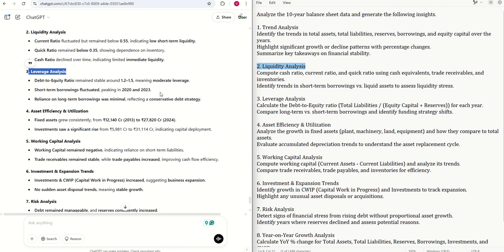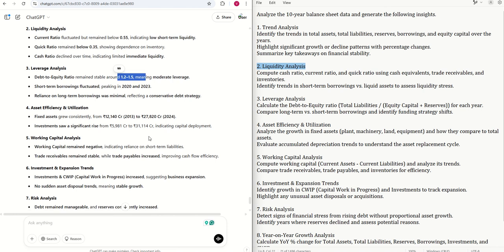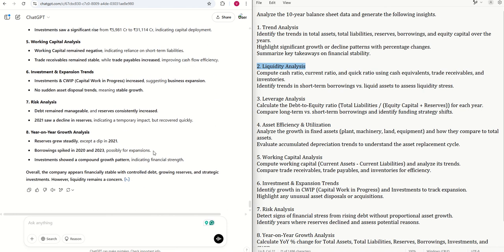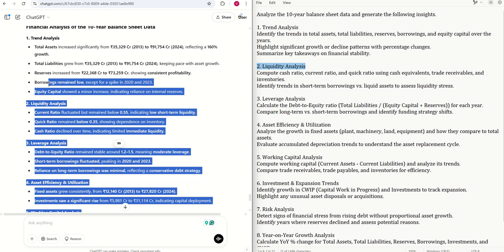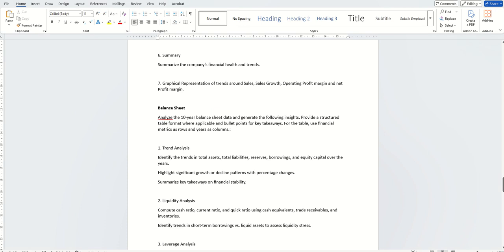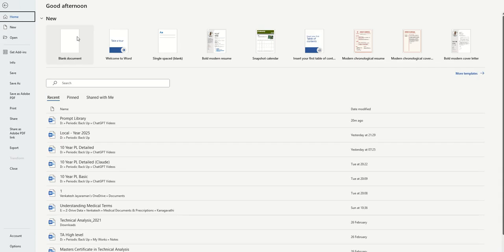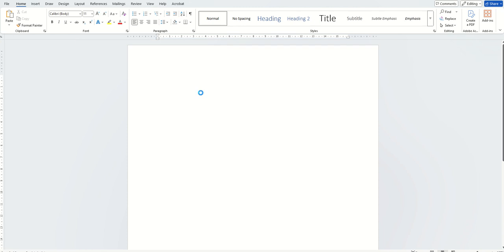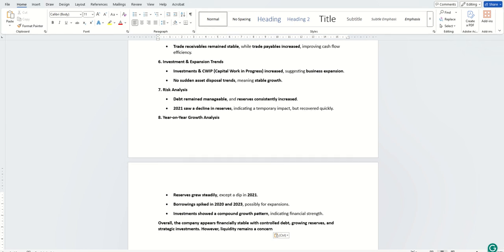For each analysis, it gives insights, like when there was a fluctuation in a particular year, or what the range of the debt-equity ratio was, all those kinds of things. So this is when you give the entire prompt in full, in sequence. Now let me paste this output and try to give it in parts and see.